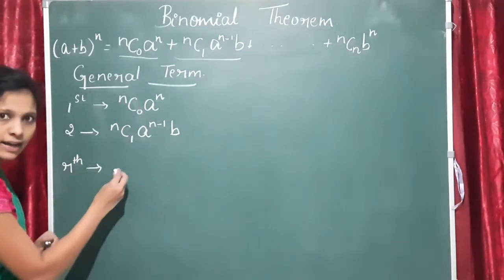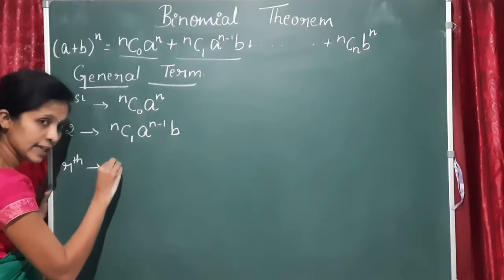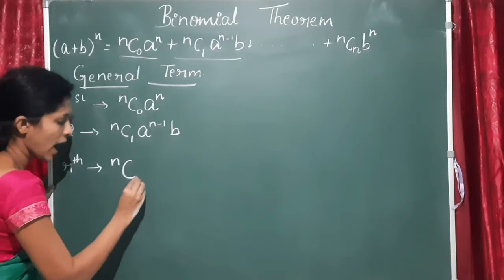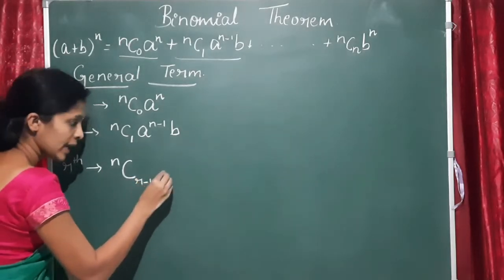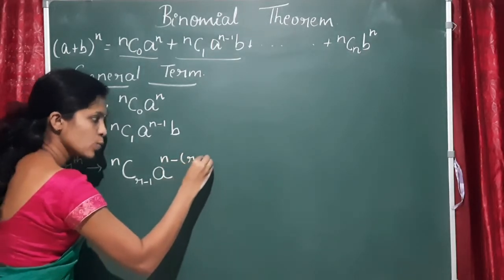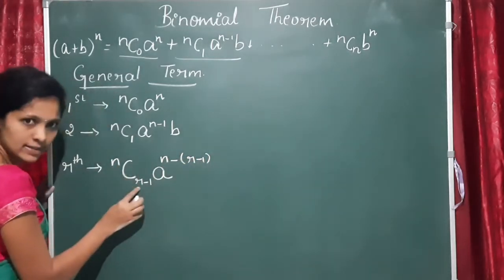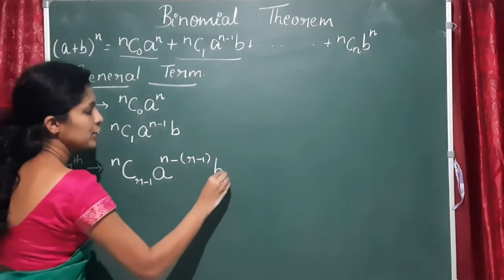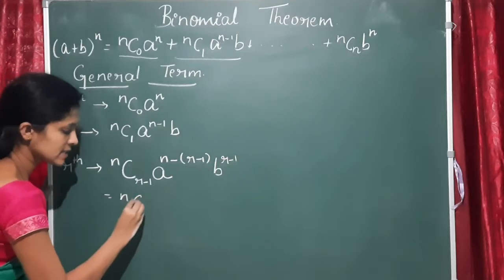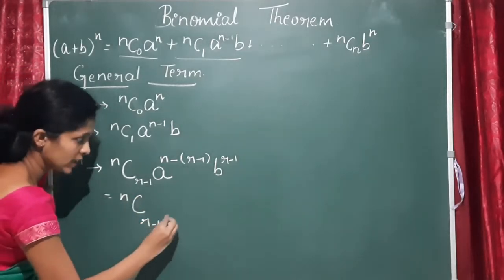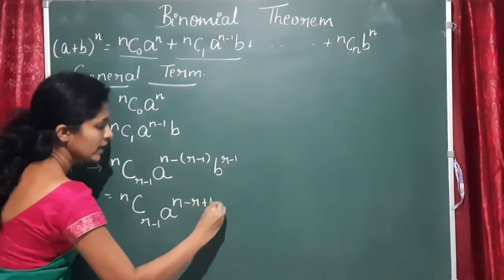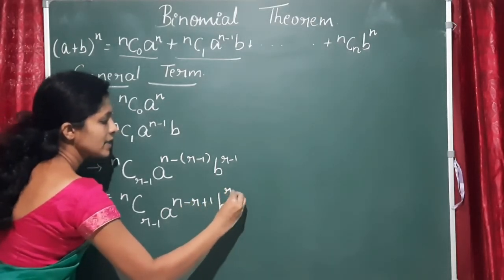So similarly, the rth term will be nC(r minus 1), 1 less than this, a to the power n minus (r minus 1) and b to the power r minus 1. So this is nothing but nC(r minus 1) a to the power n minus r plus 1 and b to the power r minus 1.